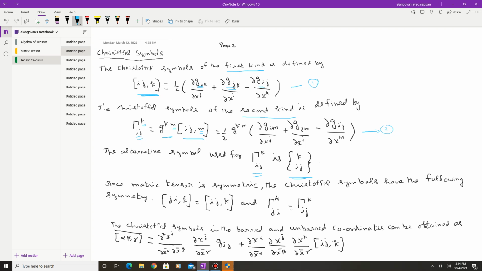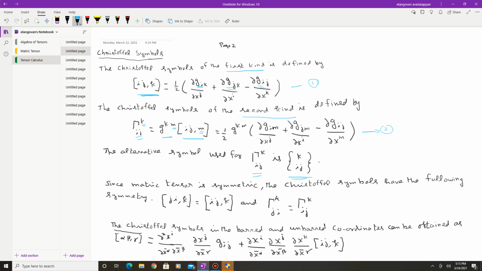Using the brackets you can define it, or gamma^k_ij. So some others prefer the gamma symbol, some others use this wiggle symbol for expressing the Christoffel symbols of the second kind. In our lecture we prefer the gamma symbol for Christoffel symbols of the second kind.